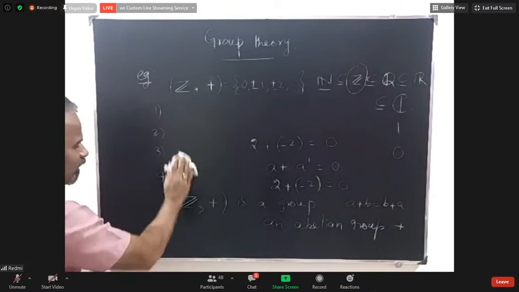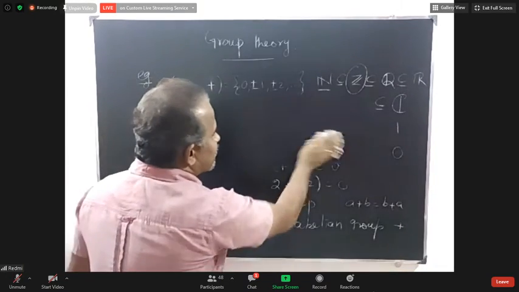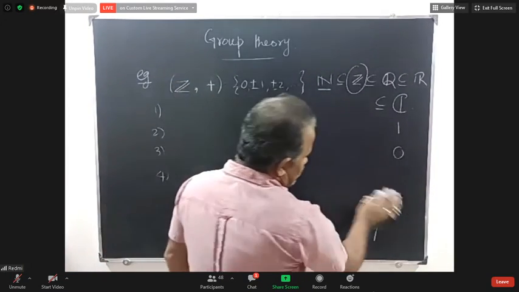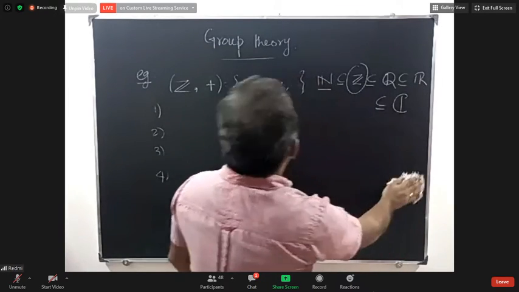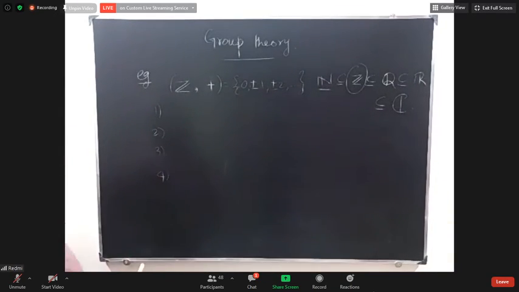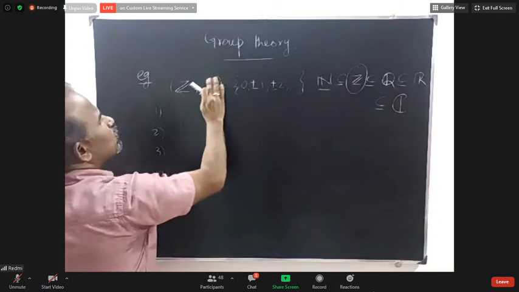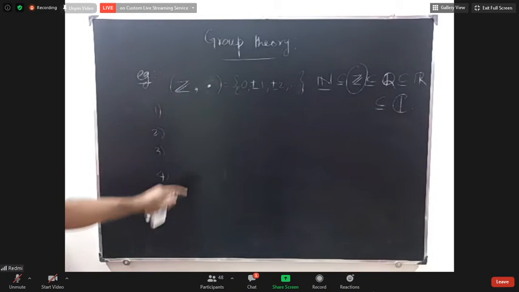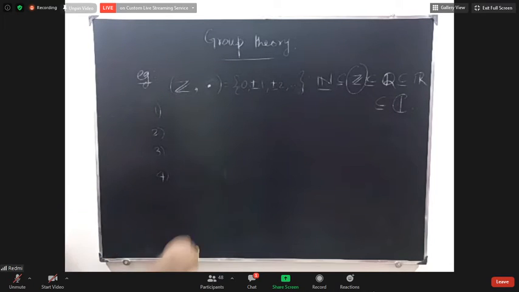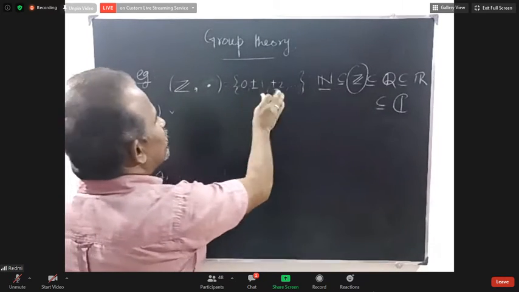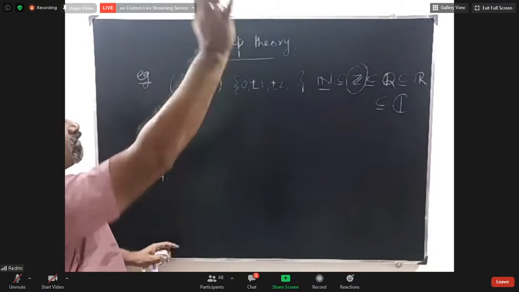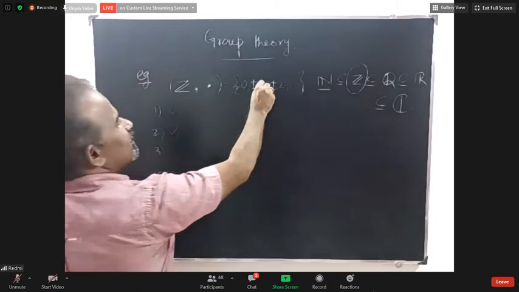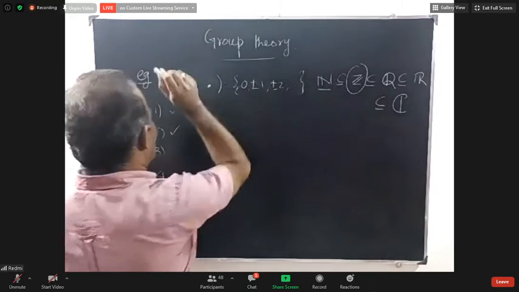So Z plus is a very interesting group: with respect to addition it is an abelian group. Then I come to the multiplication operation. The same thing: if you take any two elements and multiply them, it is closed. Associativity is also okay. 1 is there because the multiplicative identity is 1.